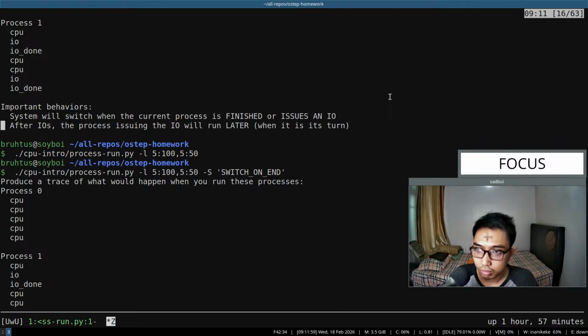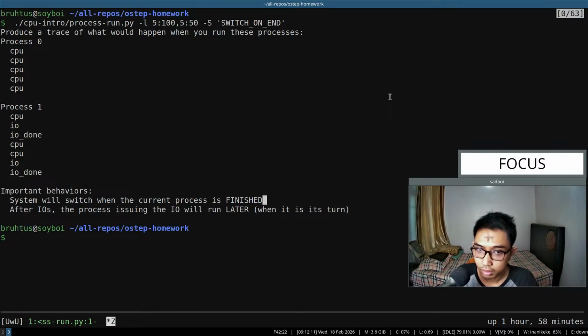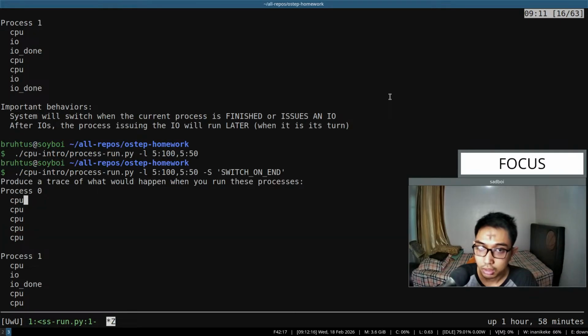After the input-output, the process issuing the input-output will run later. It's done. System will switch when the current process is finished. Oh, okay. Issue an input-output.